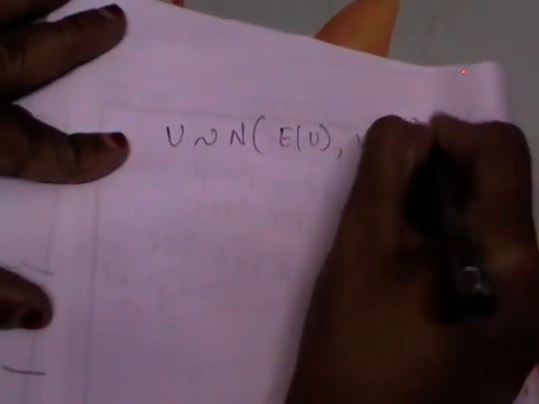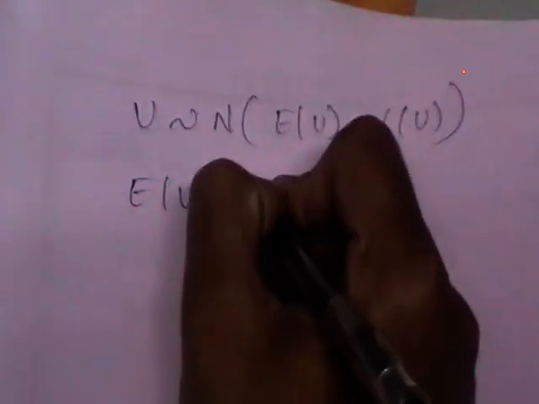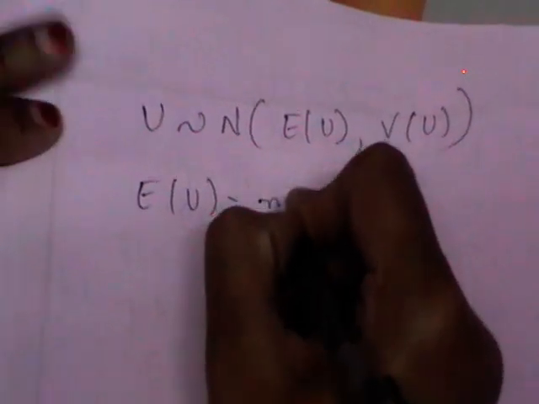For large values, this U is going to follow a normal distribution with parameters expectation of U comma variance of U. All these constants you should remember; there is no derivation for this.